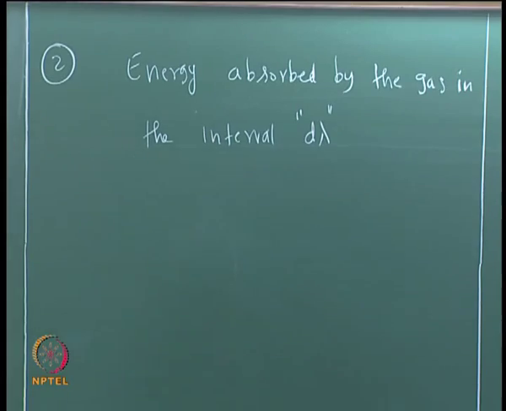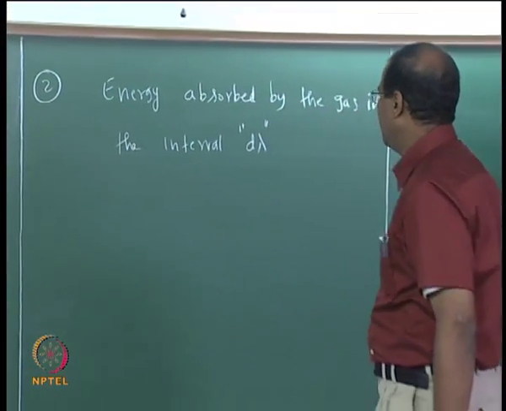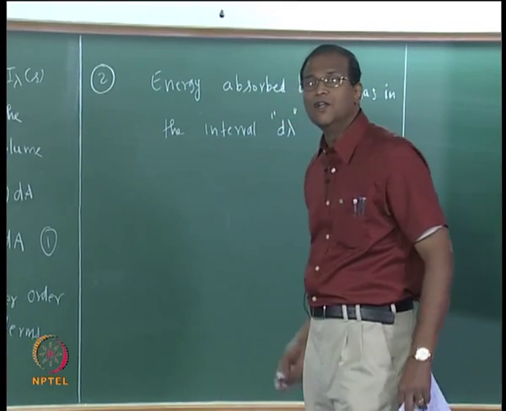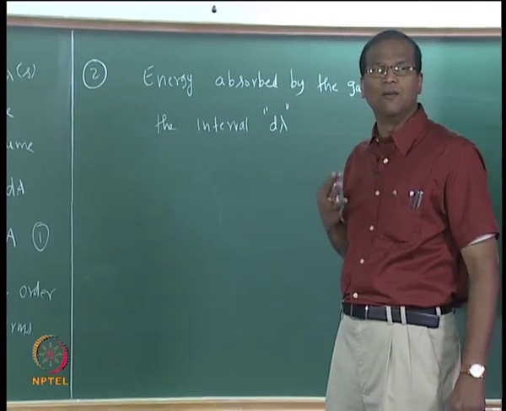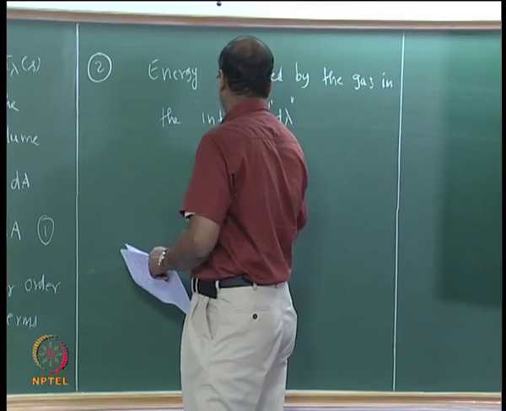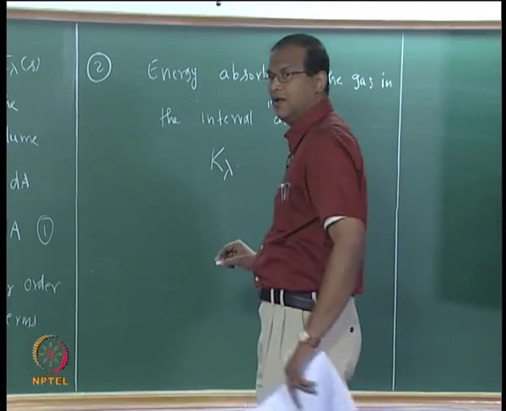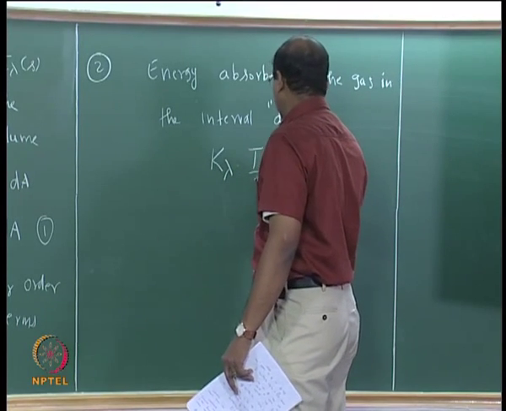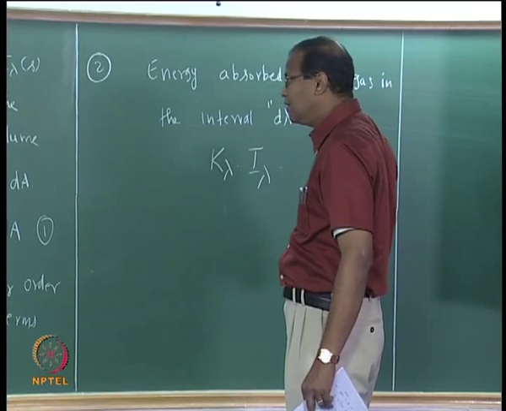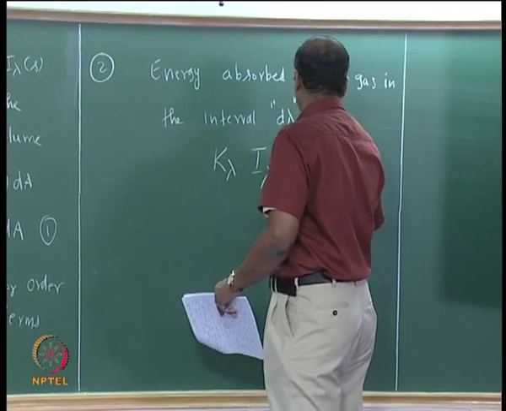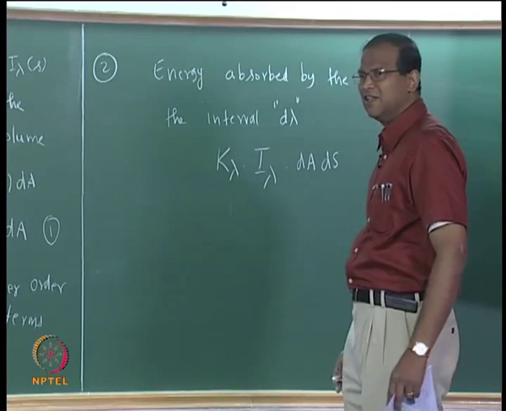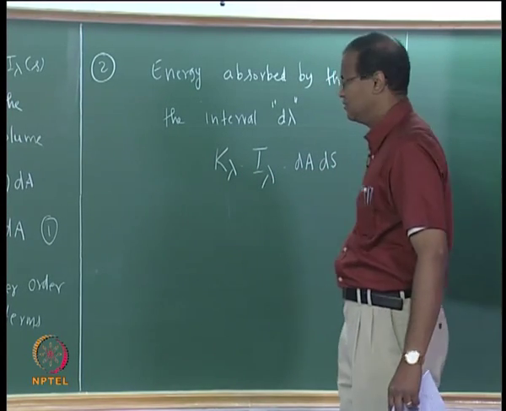So what will this be? I introduced two important properties, kappa lambda and epsilon lambda. So please tell me, kappa lambda, I lambda, multiplied by dA. Very good. D lambda is there in I lambda itself.